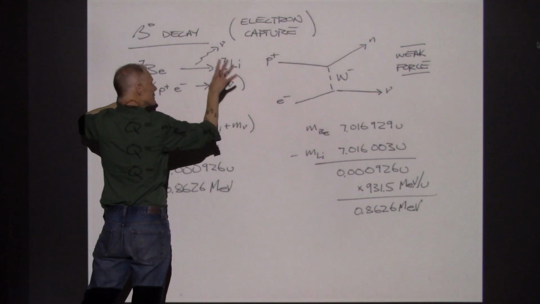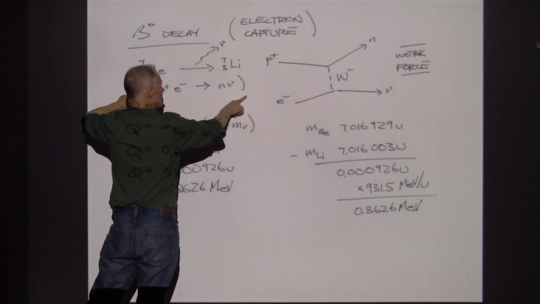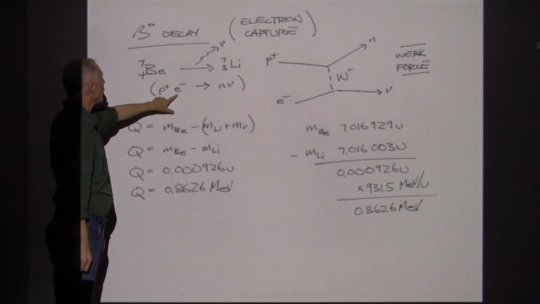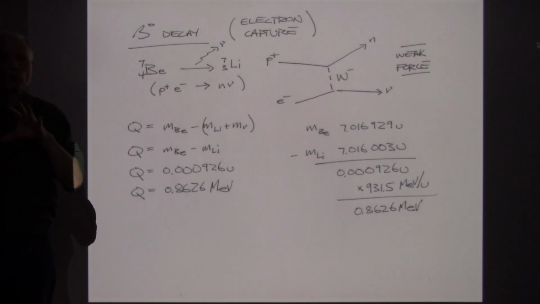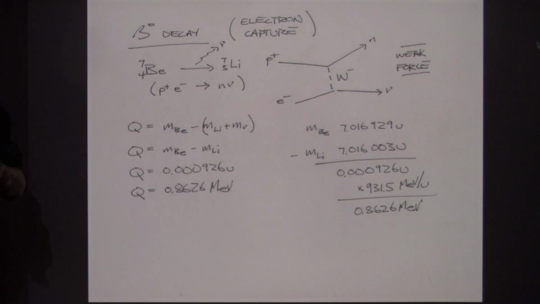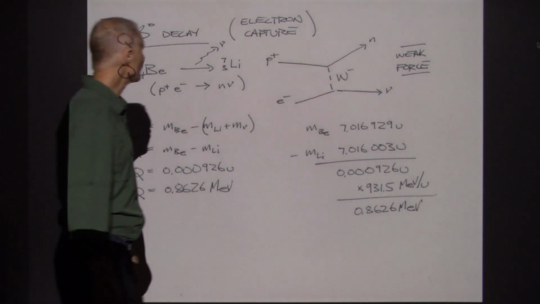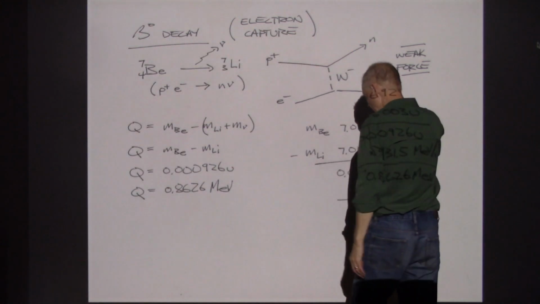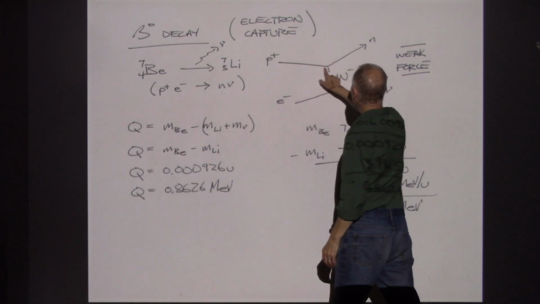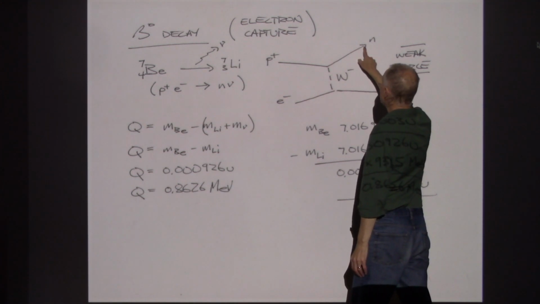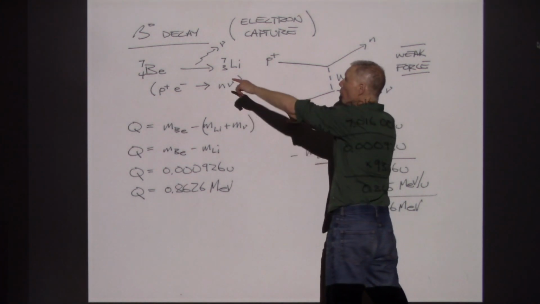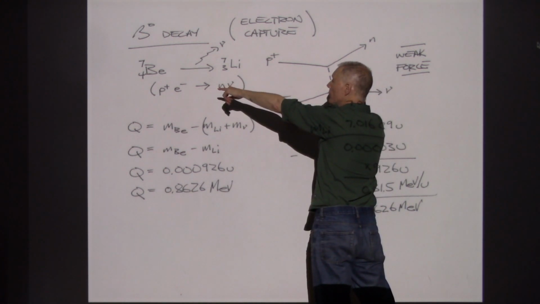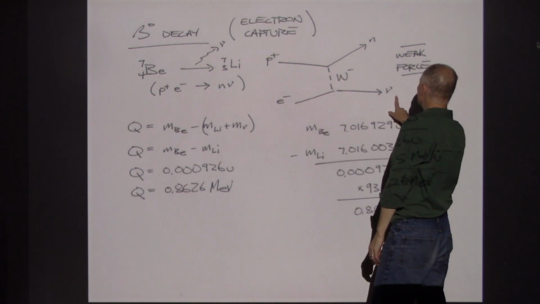But this time, instead of creating an electron in the reaction, one of the electrons from the beryllium itself is converted into a neutrino when this reaction happens. So here's the proton turning into the neutron, same thing we saw before, but this time the coupled reaction is to take one of the electrons from the beryllium and convert it into a neutrino.